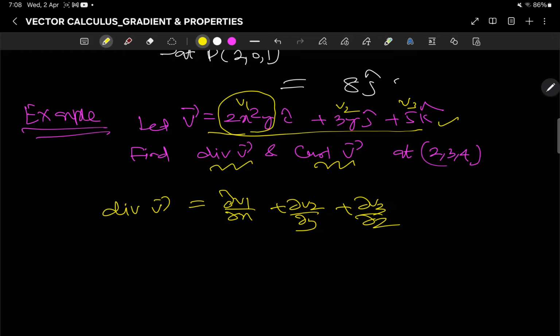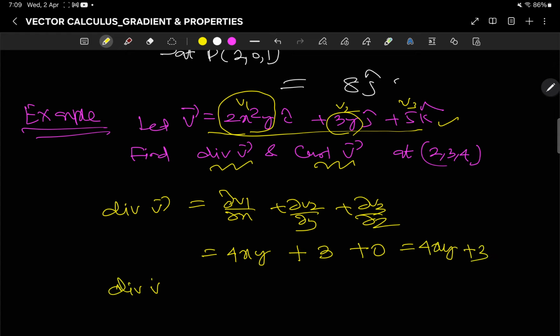So del v1 by del x with respect to x is 4xy, plus with respect to y it is 3, plus 0, so it is 4xy plus 3. Now div v at the point (2, 3, 4): it is 4 into 2 into 3 plus 3, so it is 27.